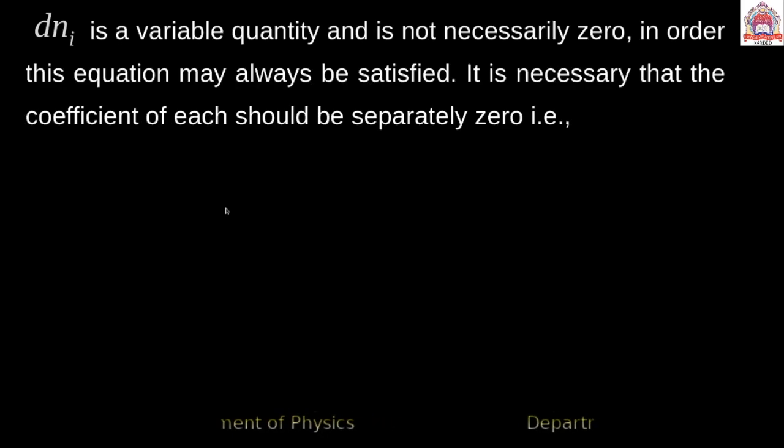Here dn_i is a variable quantity and is not necessarily 0. In order for this equation to always be satisfied, it is necessary that the coefficient of each dn_i should be separately 0.